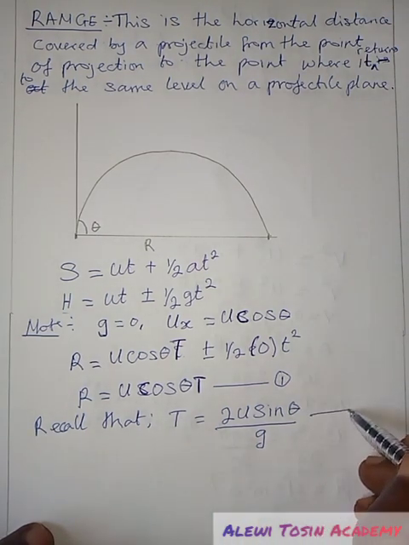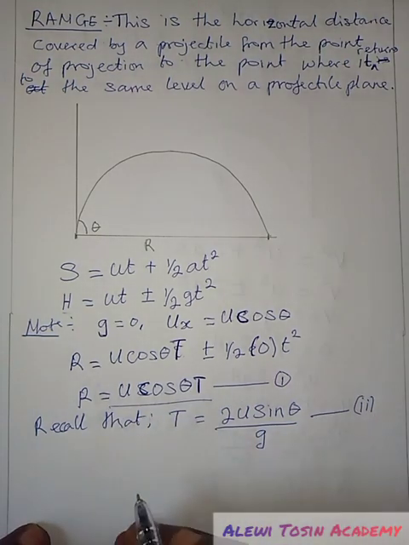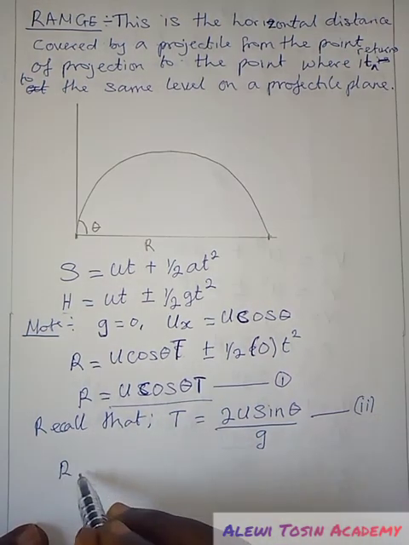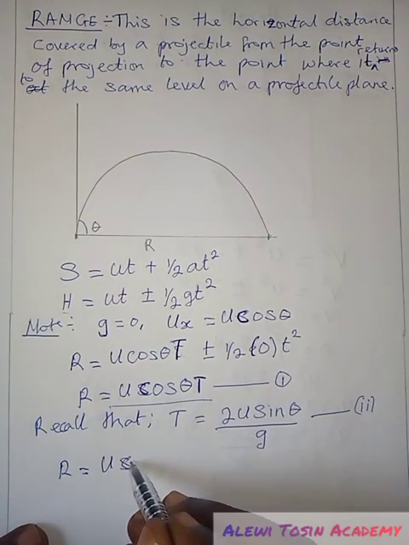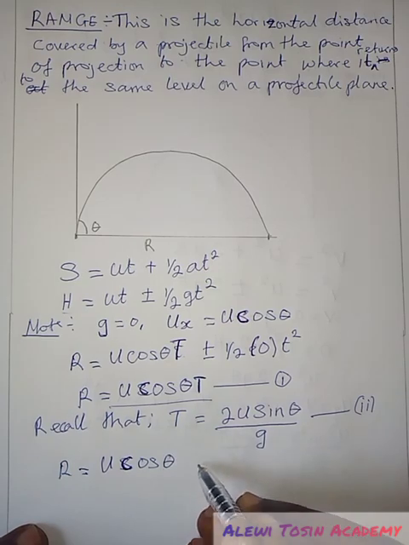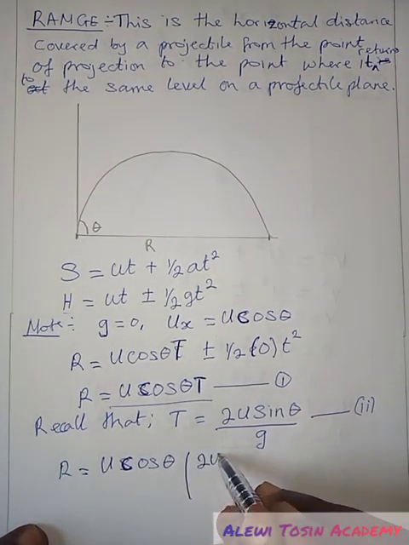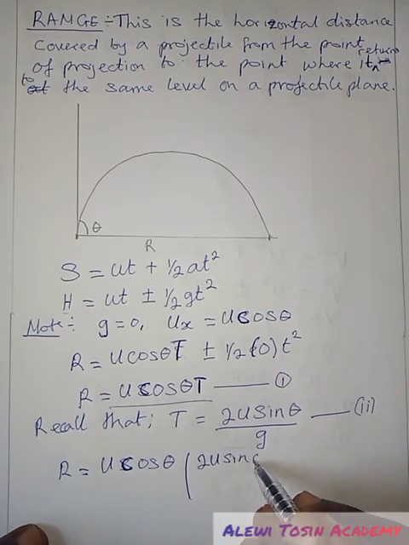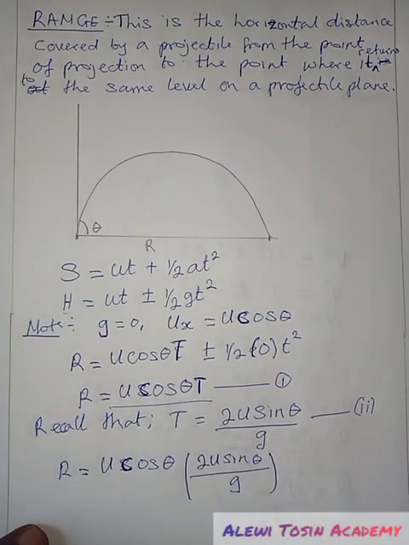If we solve with this formula, our r, which is the range, is equal to u cos theta, bracket, 2u sine theta over g.